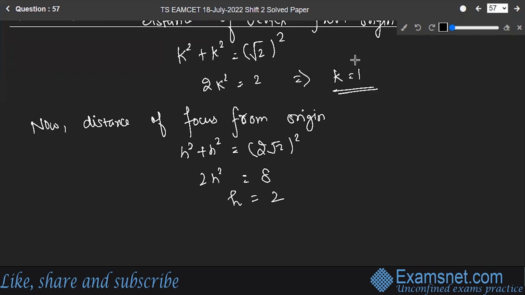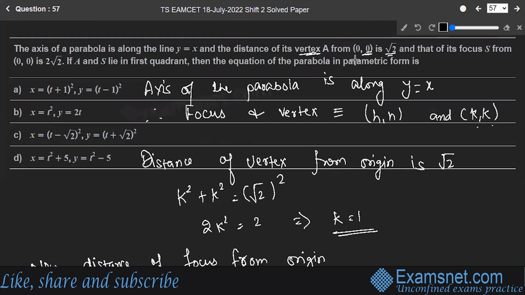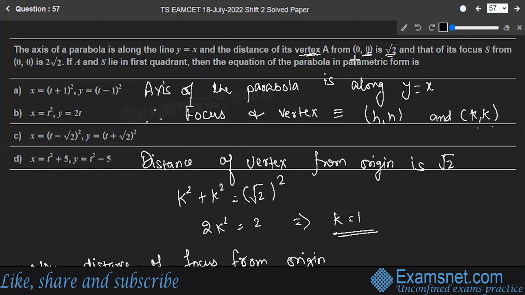We got the values of h and k. Therefore, the vertex is 1, 1 and the focus is 2, 2. Now, it's given that the directrix passes through the origin, and A and S lie in the first quadrant.